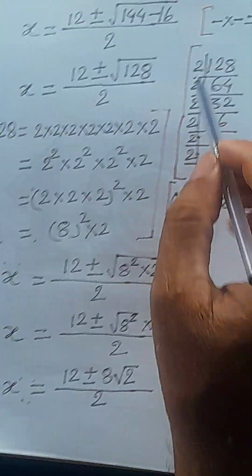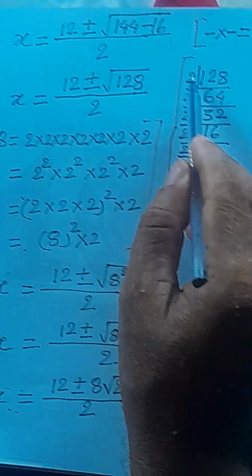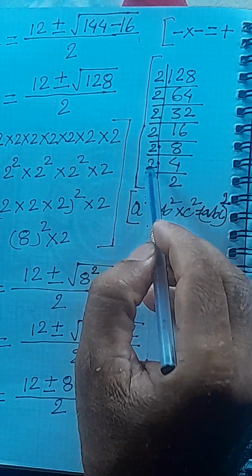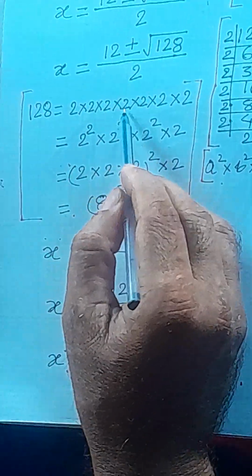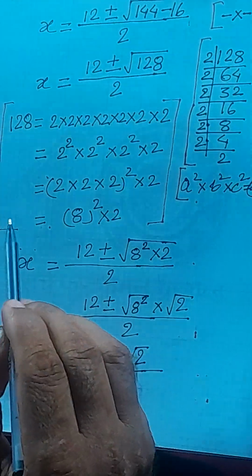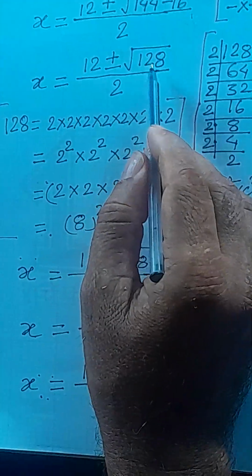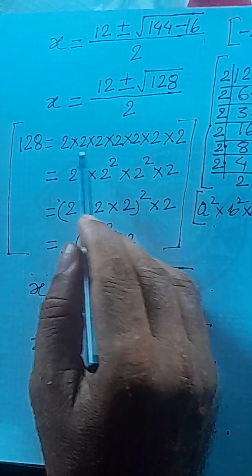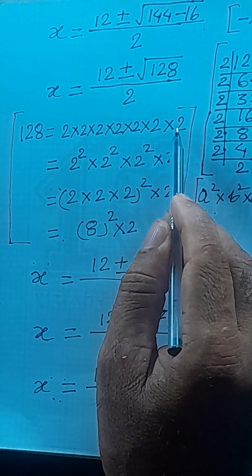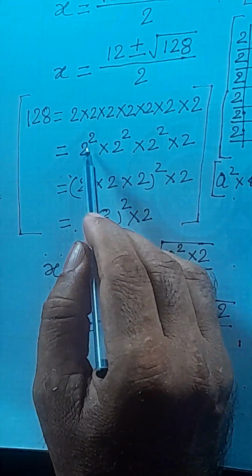Now 128 equals how much? 1, 2, 3, 4, 5, 6, 7: 7 times 2. So to find the exact square root of 128, whatever factors we have got should be written in square form.